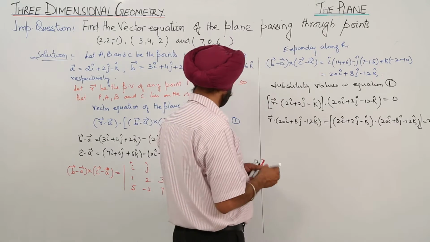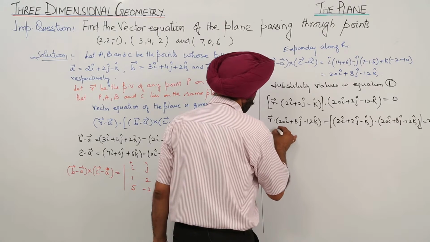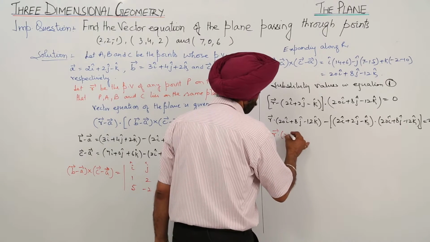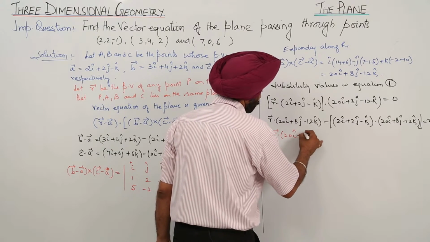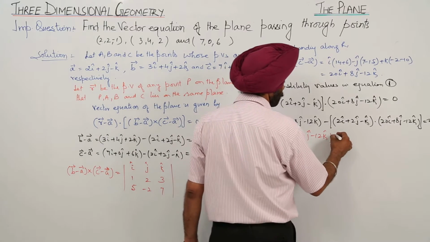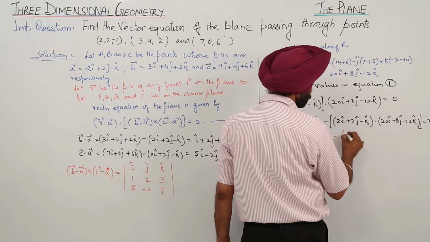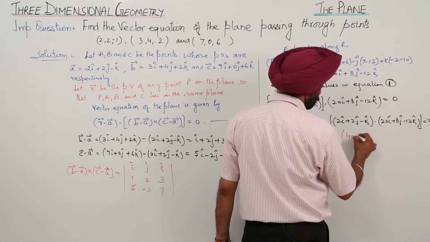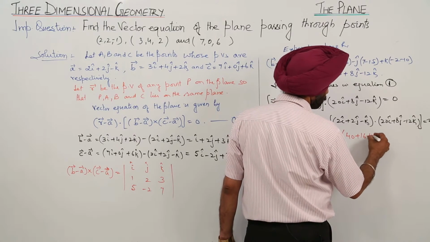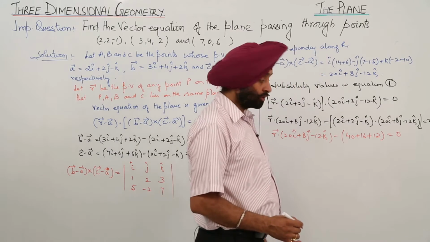Now vector R dot 20 i cap plus 8 j cap minus 12 k cap minus, now this becomes 20 with 2, 40 plus 16 plus 12 is equal to 0.